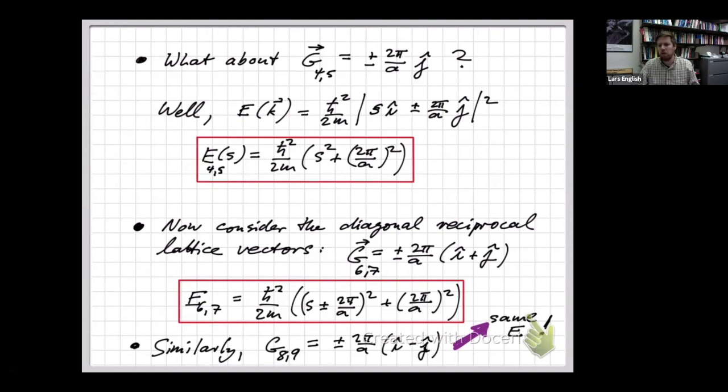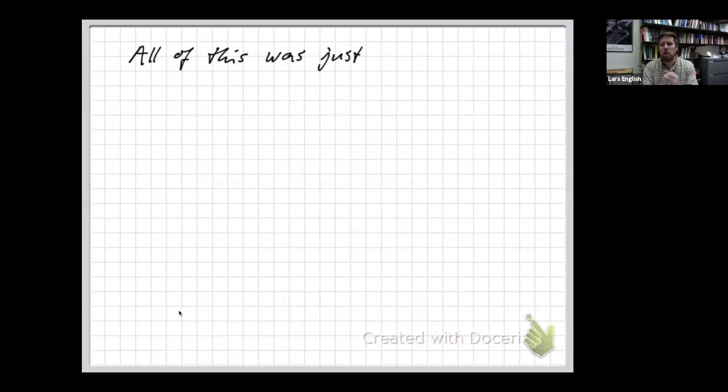Now, of course, the other 2 diagonals are given by i hat minus j hat, plus minus out front. And when you combine that with k, you see that you get the same energy formula as is already written here. So there's nothing new along this path, at least. So all of this was just for path segment 1.